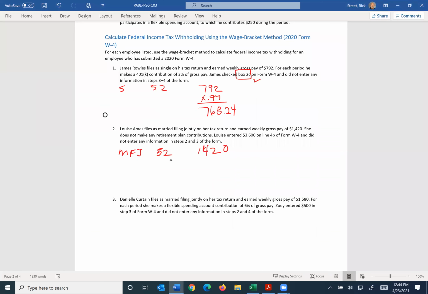However, Louise entered 3,600 on line 4B of Form W-4 and did not enter any information on steps 2 and 3 of the form. Okay. And since it did not mention that box 2 was checked, we can say that box 2 was not checked in this situation.